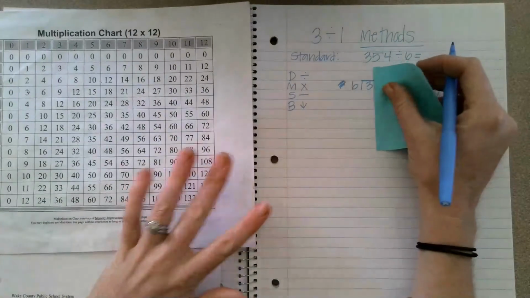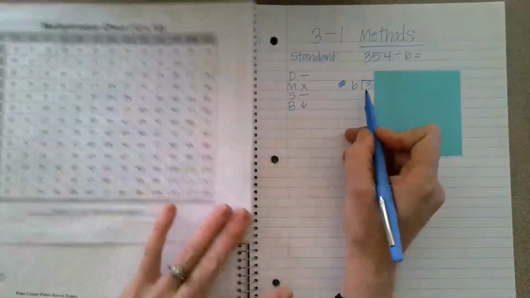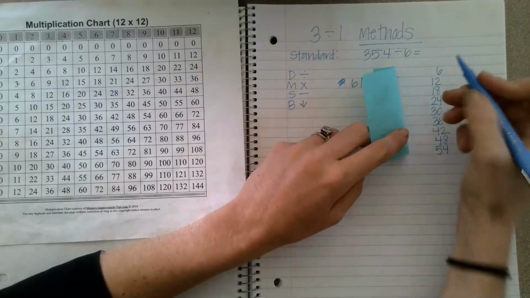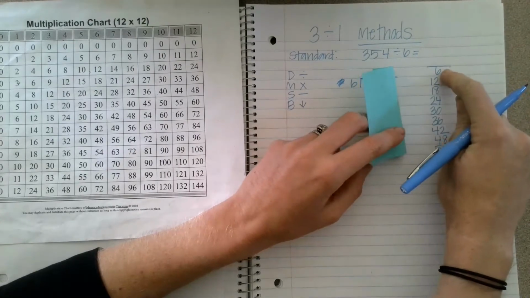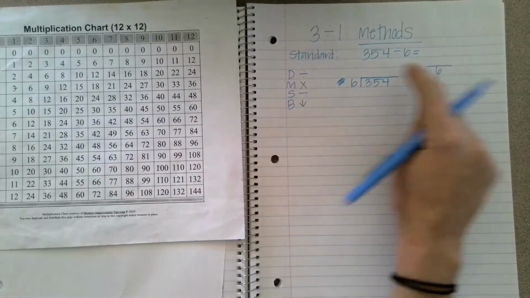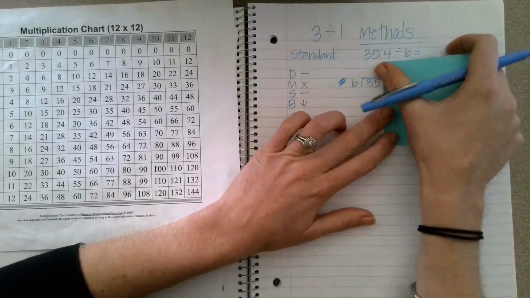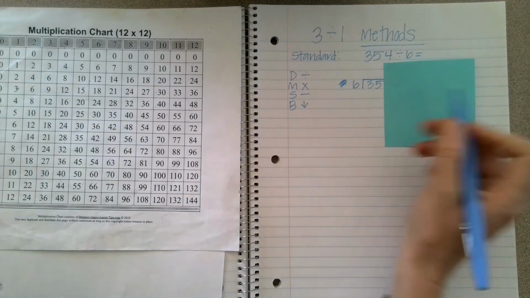So I'm going to use my sticky note, and I'm going to say, does 6 go into 3? And what that means is, where is 3 on the number line? 3 would go right there. So it would be 0. So now I'm going to say, how many times does 6 go into 35 without going over?